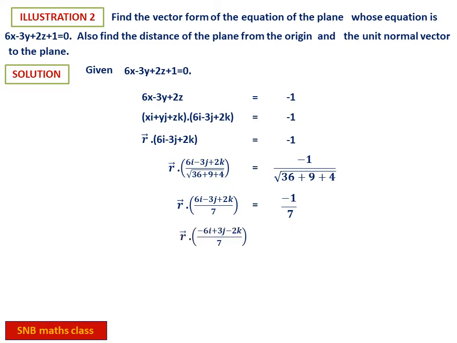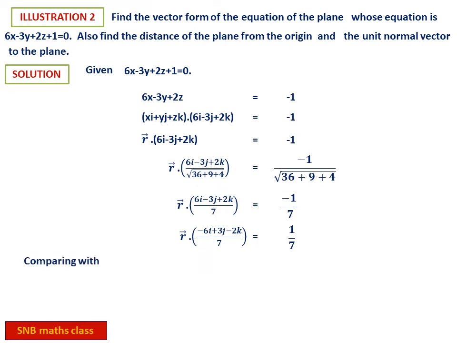But remember, the right side d should be positive because it is the distance from the origin. So make it positive. How to make it positive? Students, please note, this is a very important step. Minus 1 by 7 is there; I make it 1 by 7. Therefore 6i becomes minus 6i, minus 3j becomes plus 3j, 2k becomes minus 2k. So the left side vector you make negative.